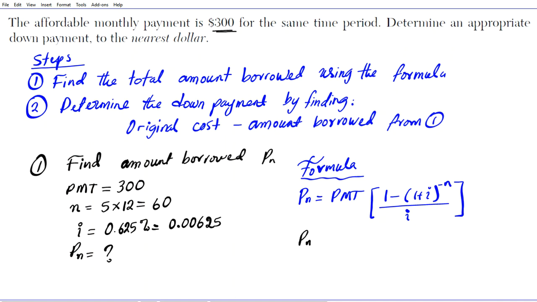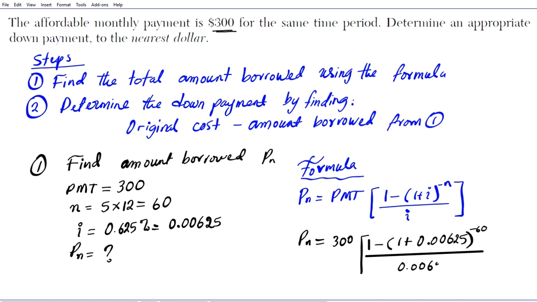P sub n is going to be PMT, which is 300, times 1 minus 1 plus the interest rate in decimal form, all this raised to negative 60. And then we divide that by the interest rate, which is 0.00625. Okay. Alright, so all we do is input this expression into our calculators and compute the result.